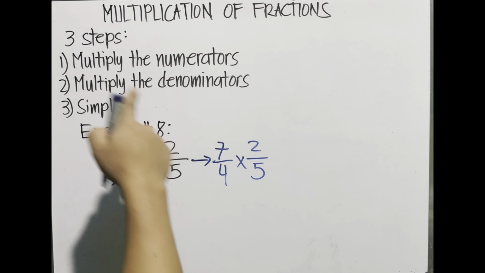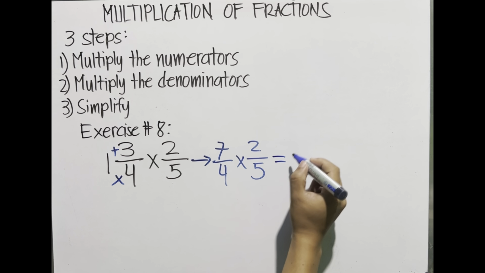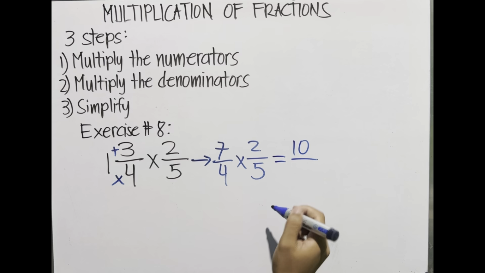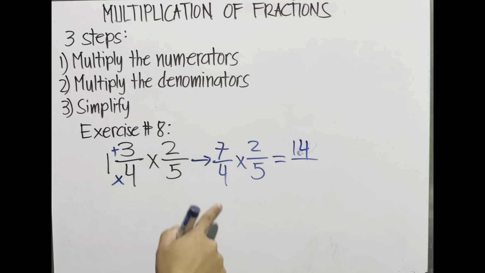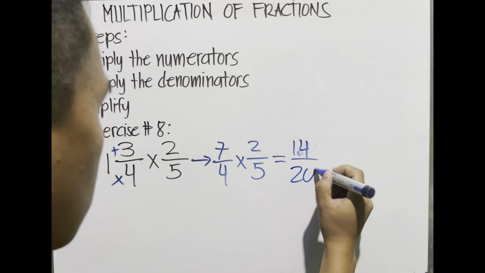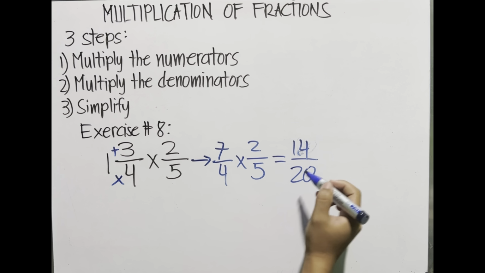Perform natin yung 3 steps. 7 times 2, that is 14. 4 times 5. That is 20. Then, reduce natin to.